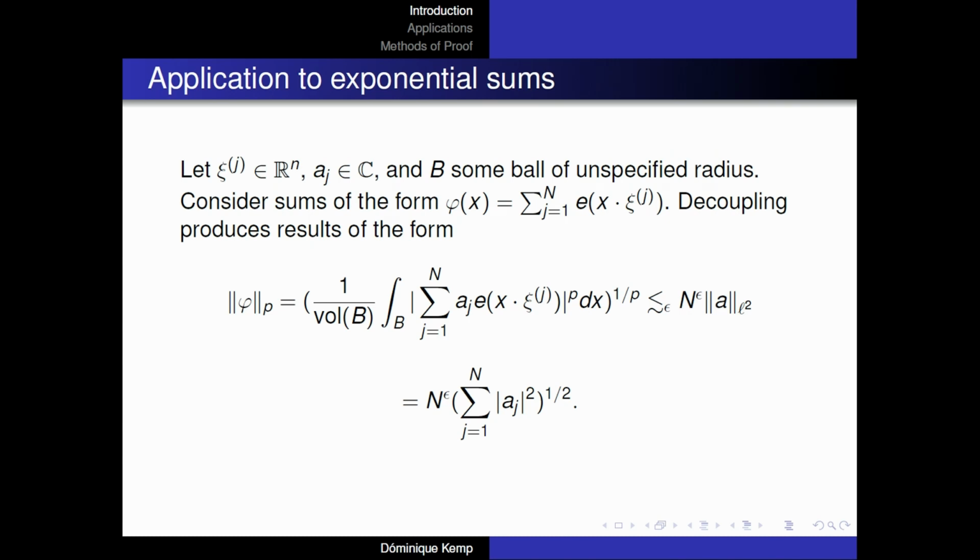And we consider what are called the exponential sums. And decoupling produces results that look like square root cancellation. And this is a bound. And it is of interest to ask whether or not it is essentially a lower bound too. So there are cases where decoupling is in fact sharp.